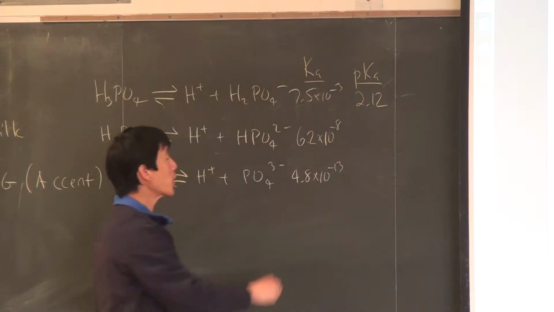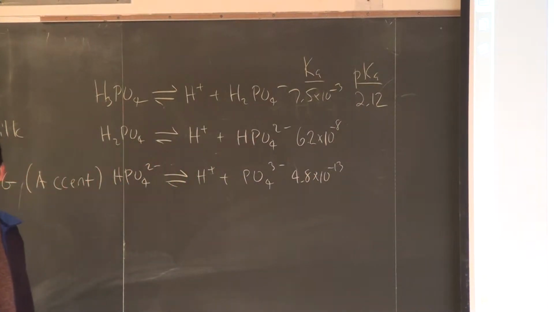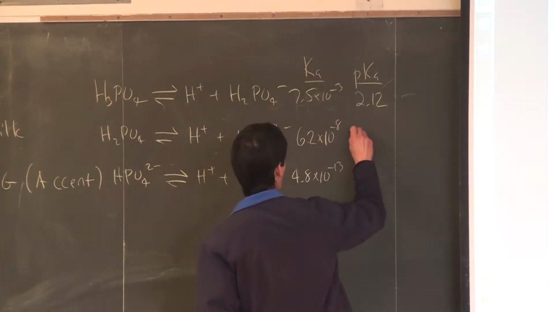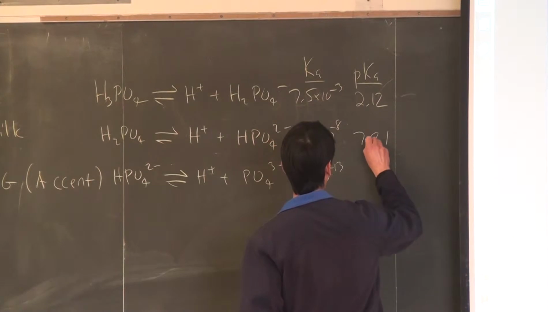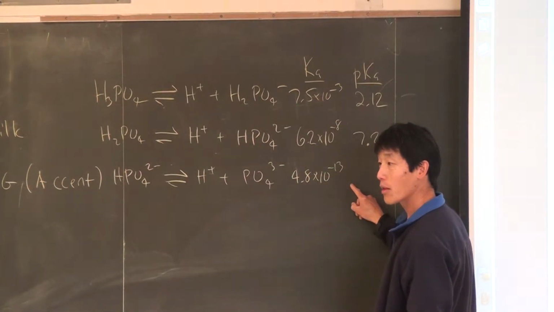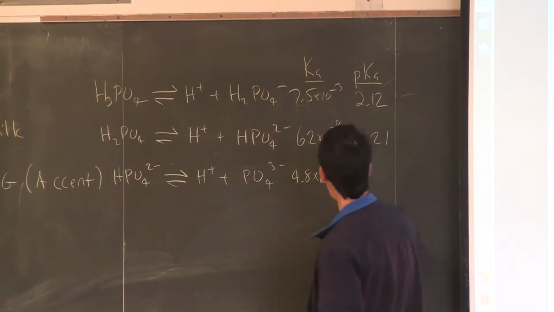And what about for this one? 6.2 times 10 minus 8 corresponds to a pKa of 7.21. And then for the last one, 4.8 times 10 minus 13, you can take the negative log of that, and that's equal to 12.3.